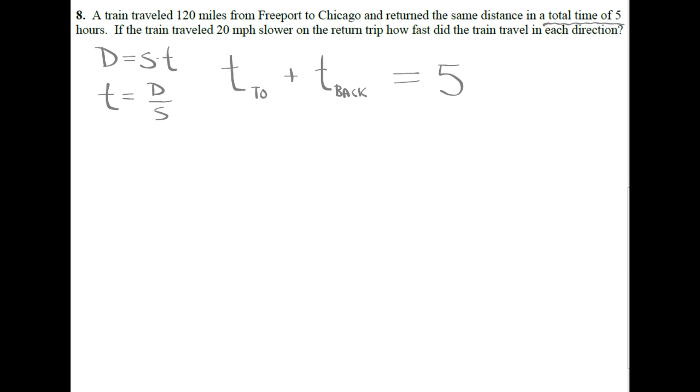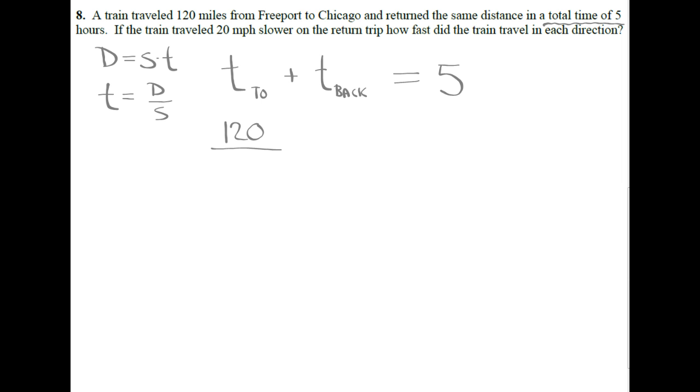And time is a measure of distance over speed, and in this case we are going the same distance in each case. So I'm going to substitute distance over speed, and one of the speeds, well, I don't really know the speed, but I know that one of the speeds is 20 miles an hour slower than the other. So which one are we going slower?